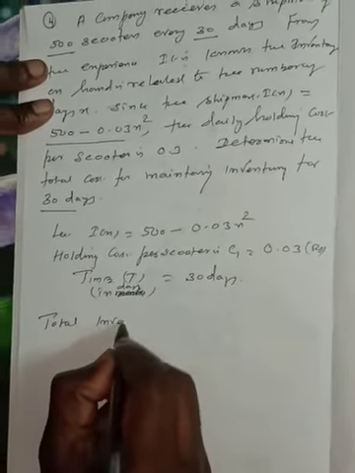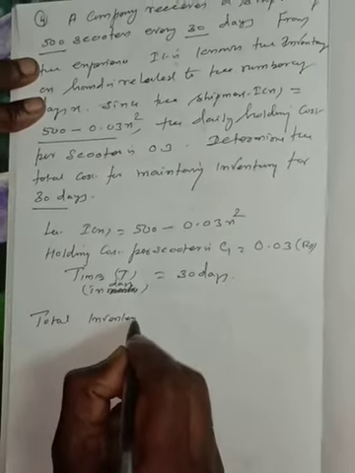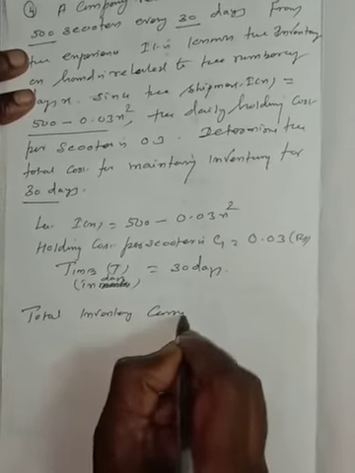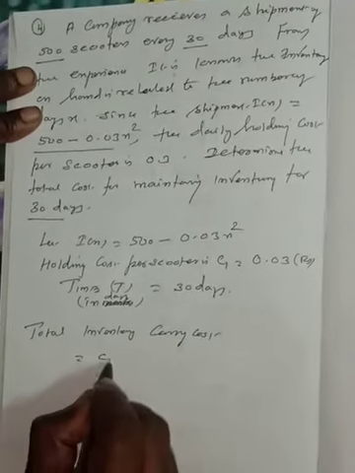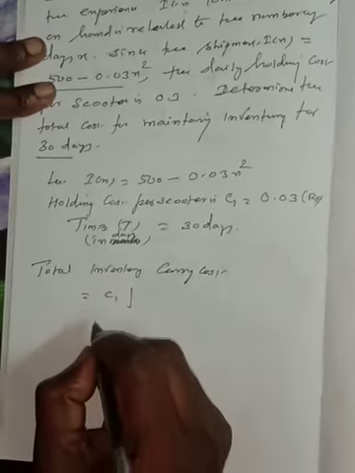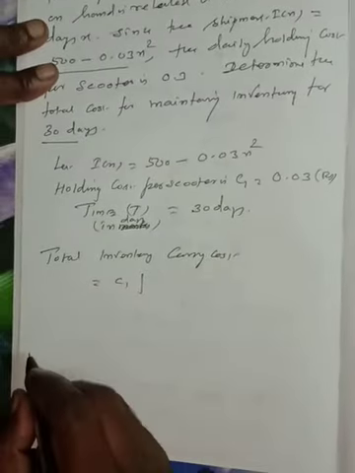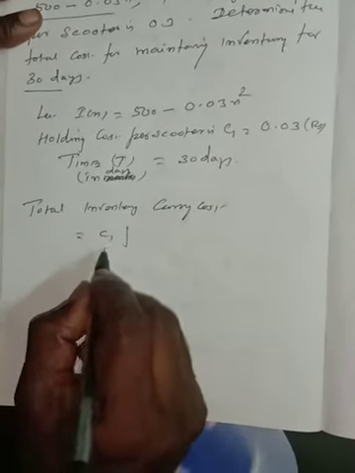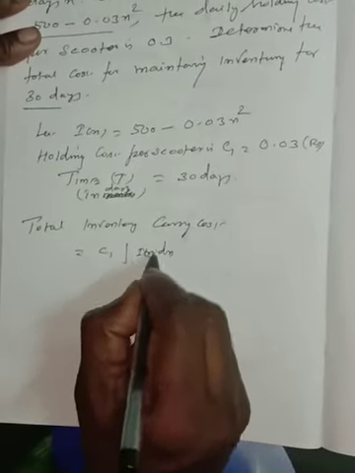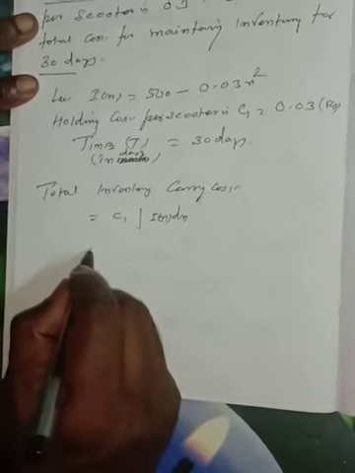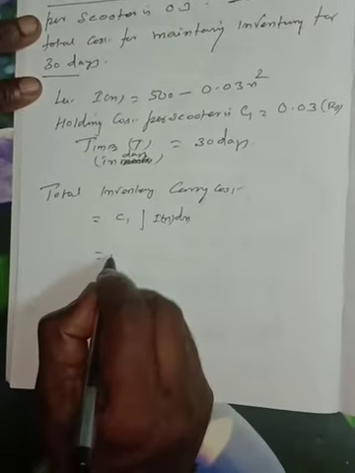Total inventory carrying cost is equal to C1 times the integral of I of x dx. The limit varies from 0 to 30, and C1 is 0.3.